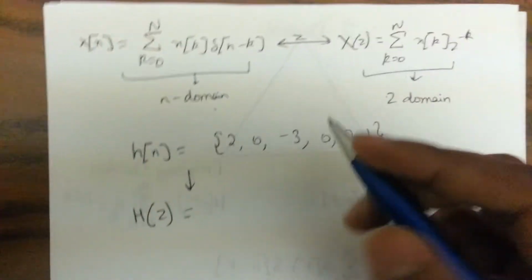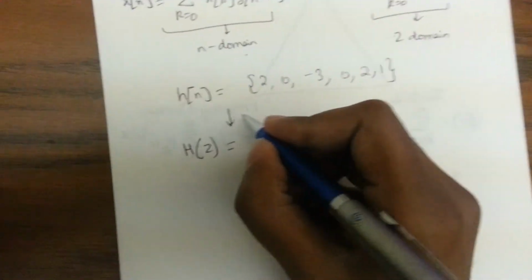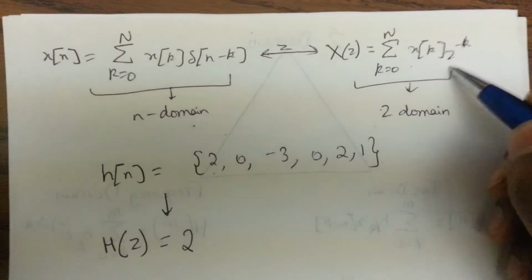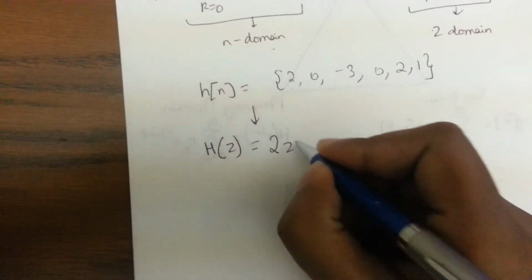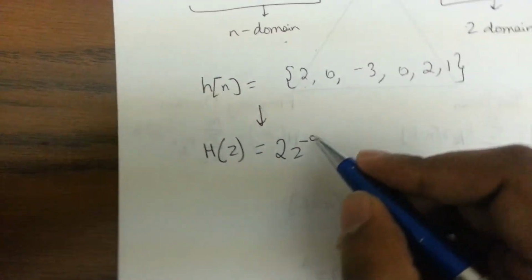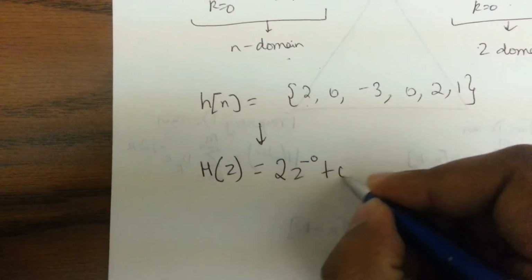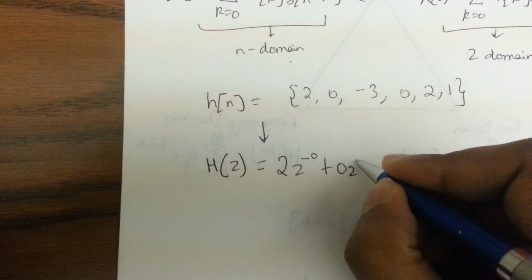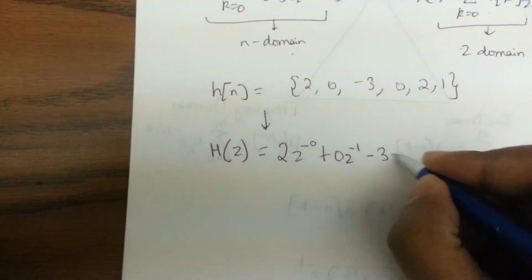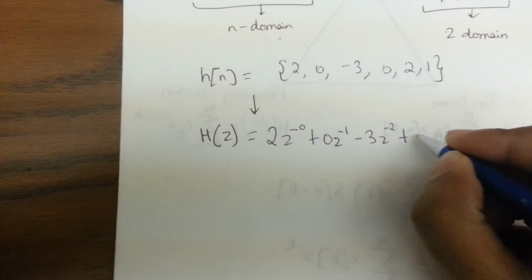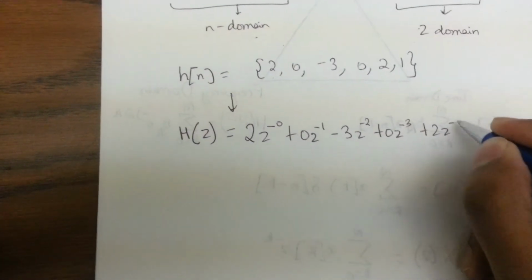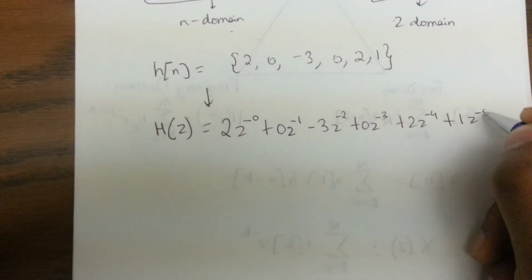As you can see in the formula, we have x of k, so that becomes the coefficient times z to the minus k. In this case it will be z to the minus 0. Similarly, for 0 we have the coefficient 0 times z to the minus 1. Then it becomes minus 3 z to the minus 2, plus 0 z to the minus 3, plus 2 z to the minus 4, and plus 1 z to the minus 5.